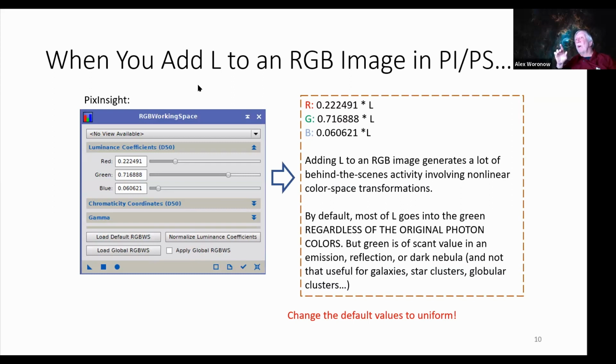I saw somewhere a claim that you can change that in Photoshop, which you should also do, because when you add luminance to an image in Photoshop, if you use luminance blending, apparently there's something called luminance blending. I didn't know that either. When you use luminance blending, it does what PixInsight does.